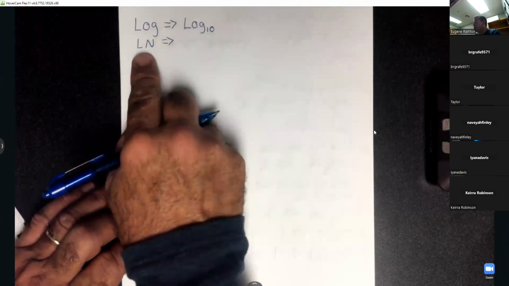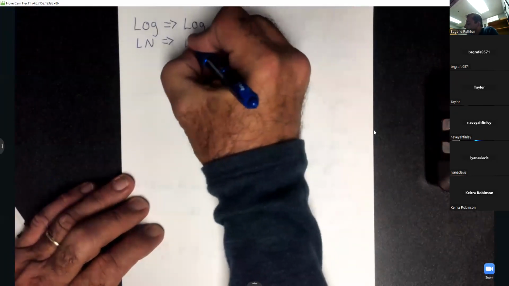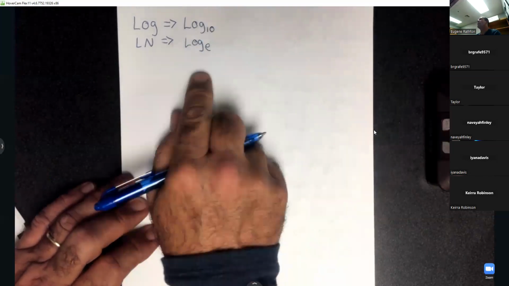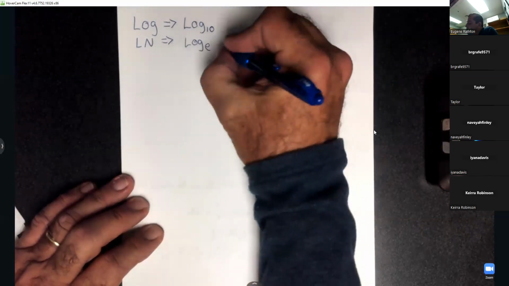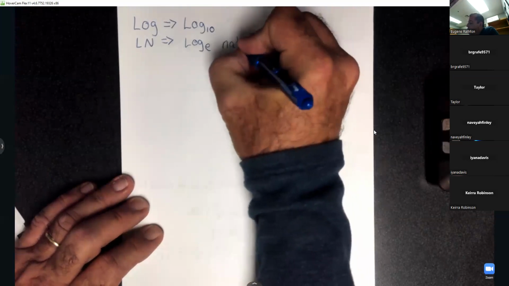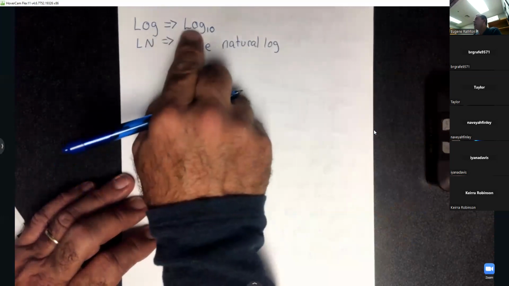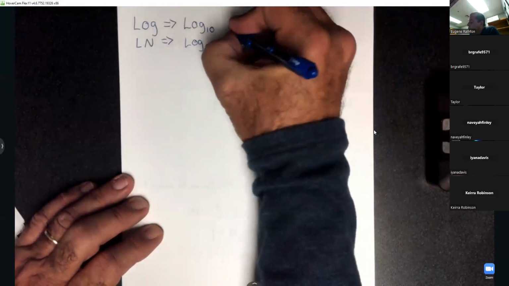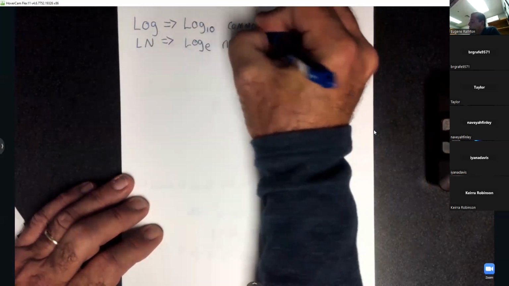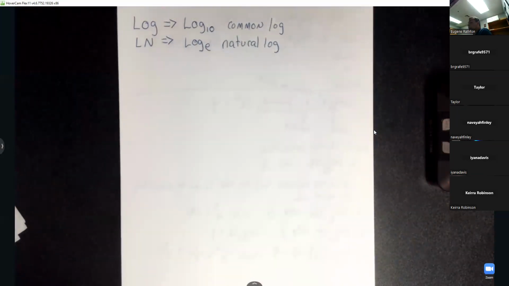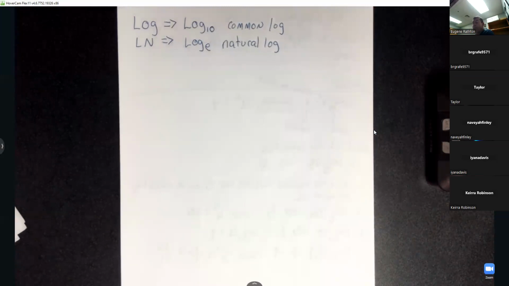The LN is a special log, and it is a log that has a base of E. And this one's usually called the natural log. The first one, log base 10, is what we call the common log. These are the 2 buttons on the front of that calculator, okay?